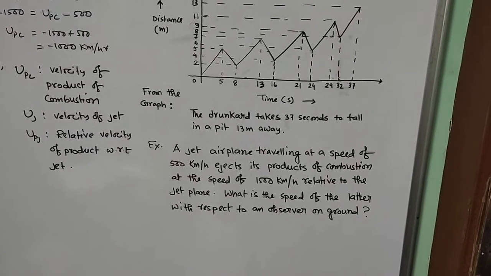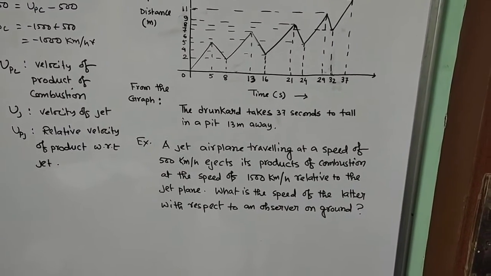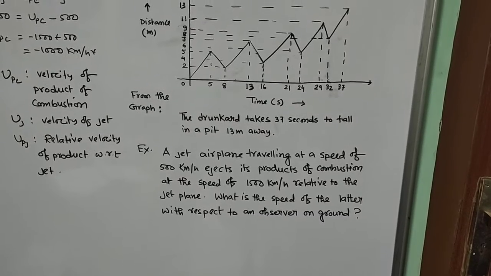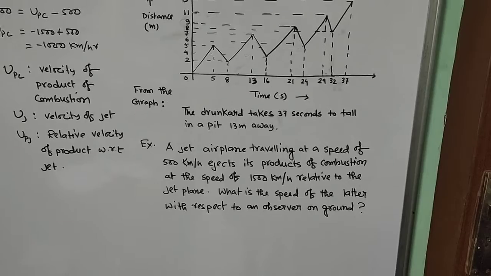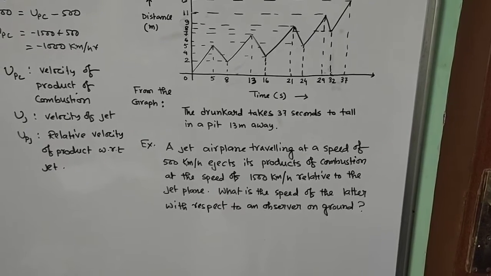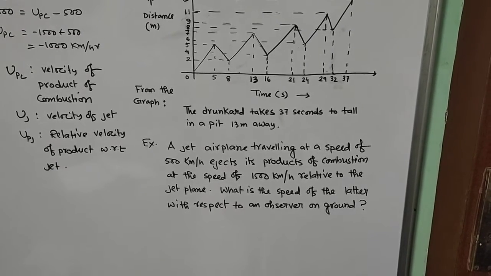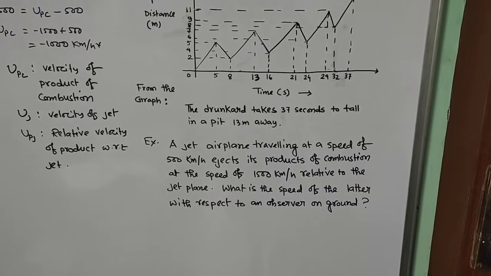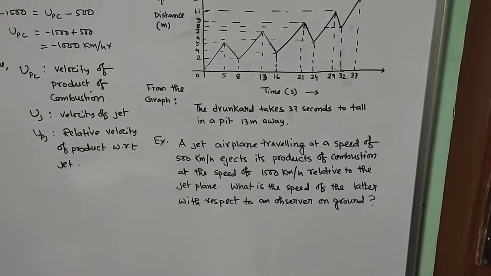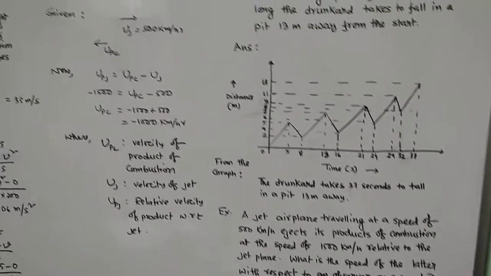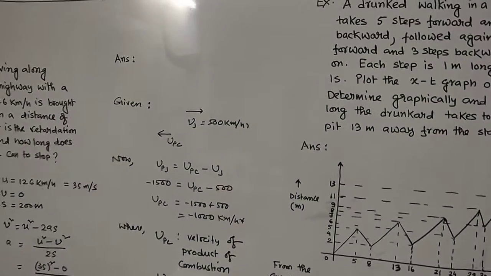Try to understand. A jet airplane traveling at a speed of 500 km per hour ejects its product of combustion at a speed 1500 km per hour relative to the jet plane. So you have to find what is the speed of the latter. The latter part is your product of combustion with respect to an observer on ground. Now you see the jet plane is moving in a particular direction.